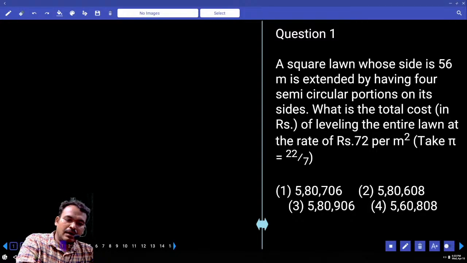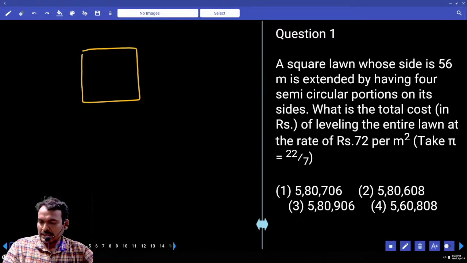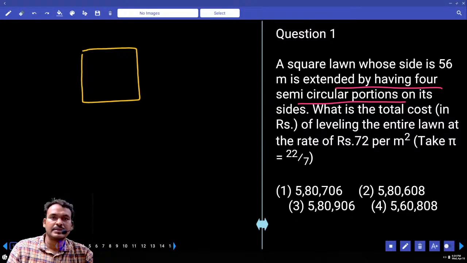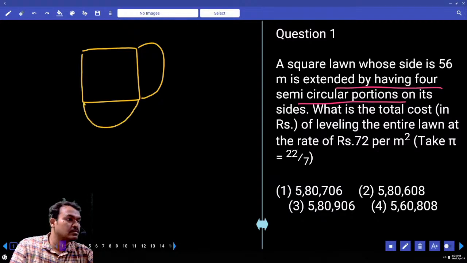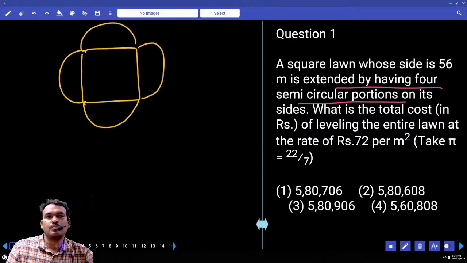First, the square lawn is extended by having 4 semicircular portions on its sides. This one is semicircular, this is also a semicircular portion, this also, and this also.